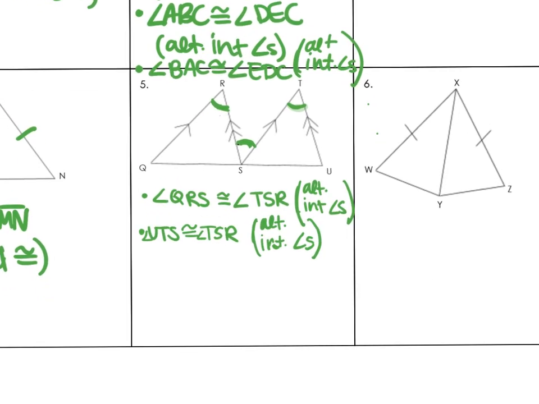Oops, go back to this set of RS and TU being parallel, and I could use this bottom segment down here as the transversal. If I do that, I can then say that this angle, which is TUS or TUQ, either would actually work, is congruent to, and I want you to actually take a pause and try to name the other angle it is congruent to.